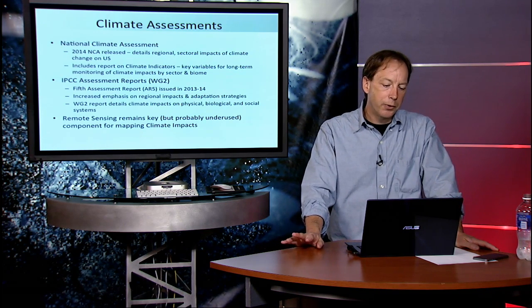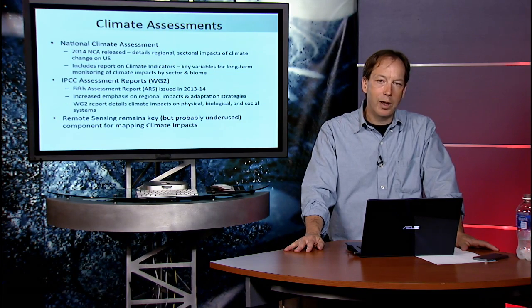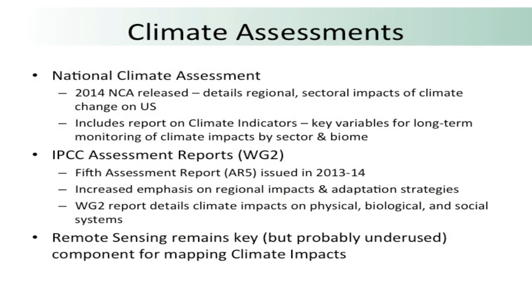There are two assessments that are really important going on right now. The first is the National Climate Assessment. The third NCA was released this year in 2014. It's basically a compendium of information from federal agencies and federal scientists that detail the regional and sectoral impacts of climate change on the U.S. For the first time, it includes a report on climate indicators.